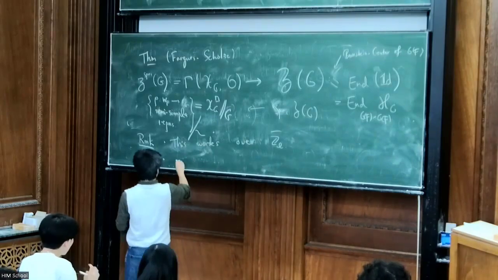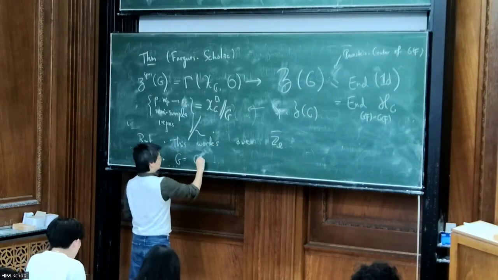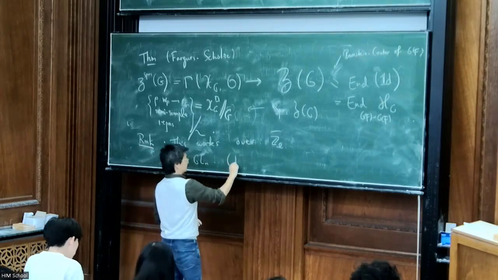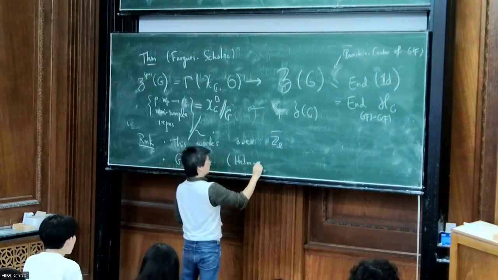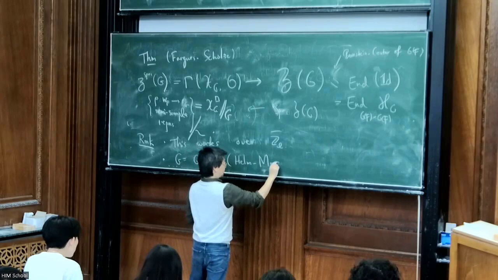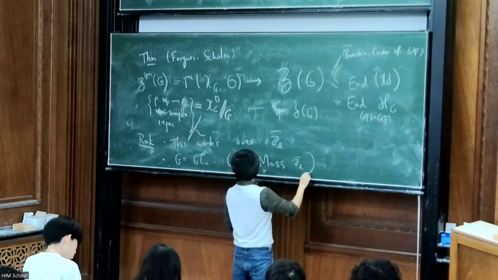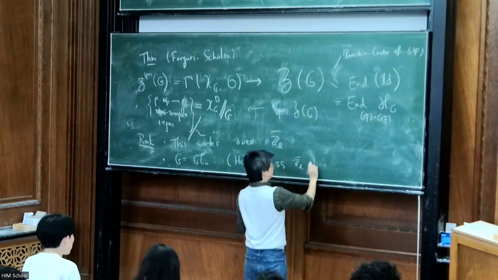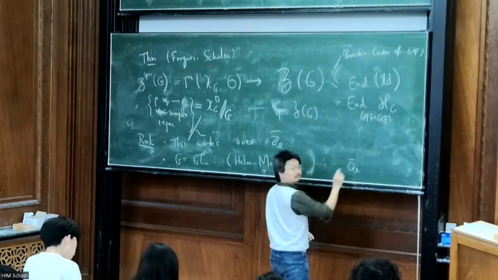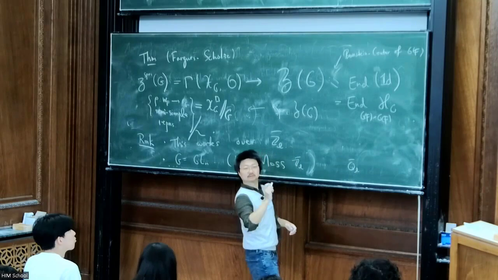For example, when G is GL_n, such a thing was constructed by Helm and Moss for ZL bar, and for QL bar coefficients it is even earlier.